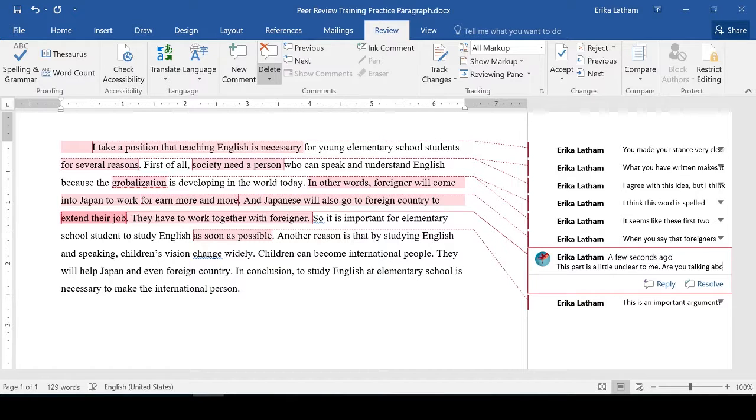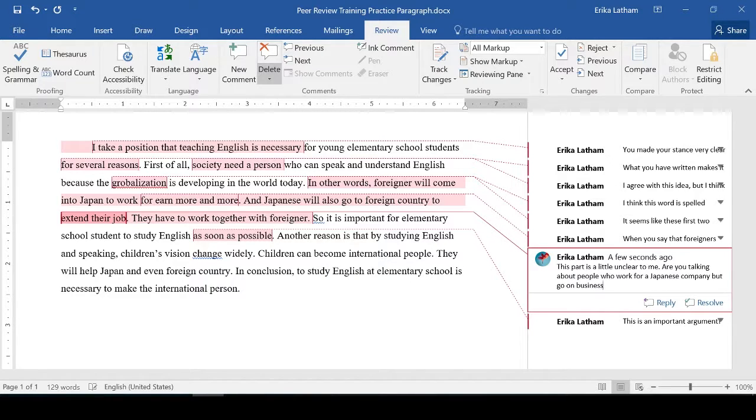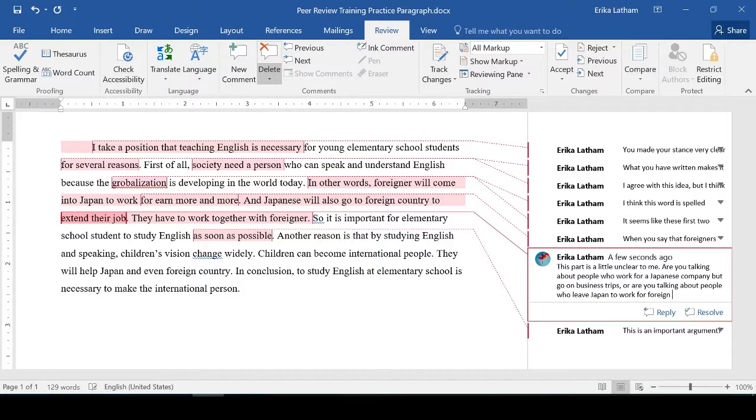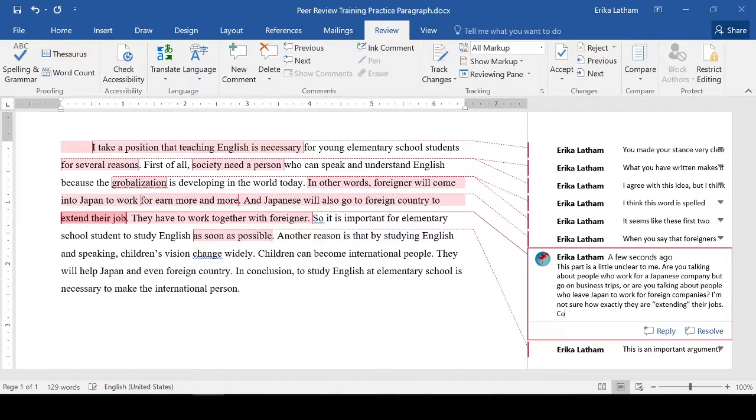Are you talking about people who work for a Japanese company but go on business trips? Or are you talking about people who leave Japan to work for foreign companies? I'm not sure how exactly they are extending their jobs. Could you make this part clearer?